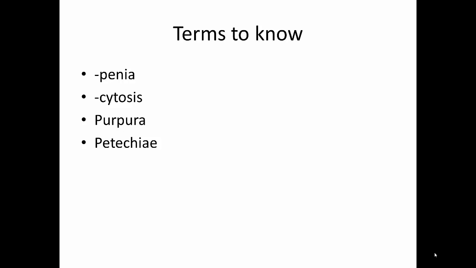Often there's no discomfort associated with it, like you would expect if there were some trauma. Purpura is usually greater than 3 millimeters at least. Petechiae less than 3 millimeters. So something to be on the lookout for.